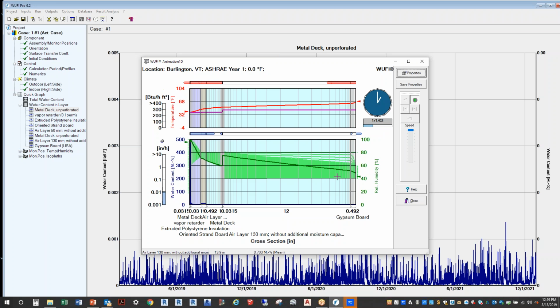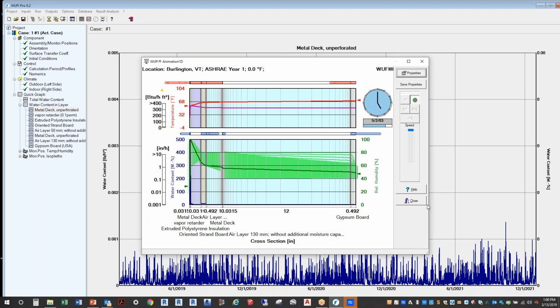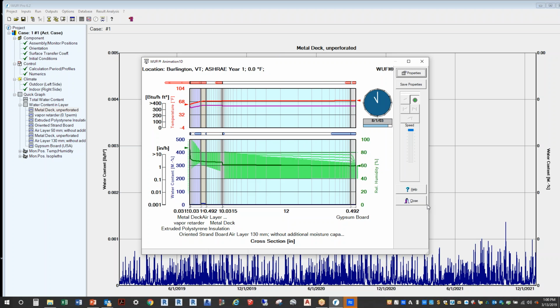Humidity, that's your humidity range. It's not showing any condensate.